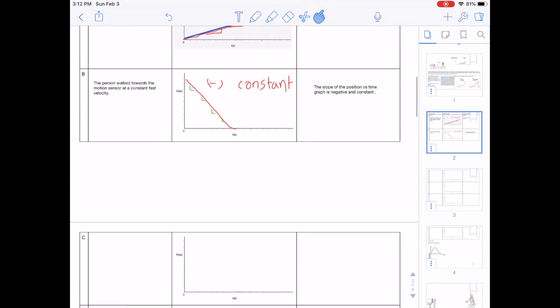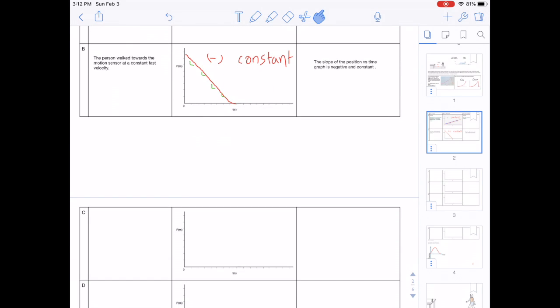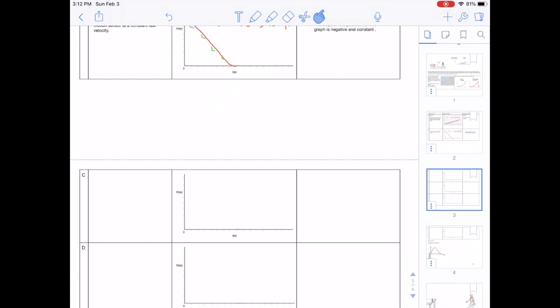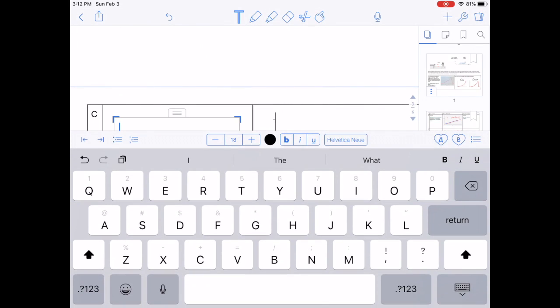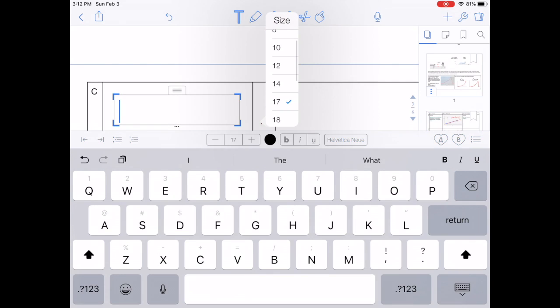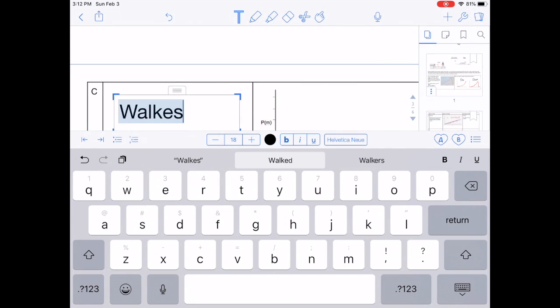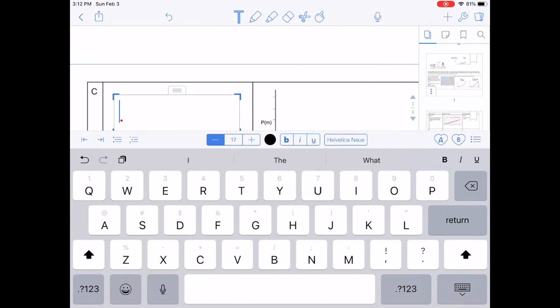So what if we walked towards the motion sensor but we sped up? What's the best way to write that? Let's say that this person, well, my font size didn't change when I did that.